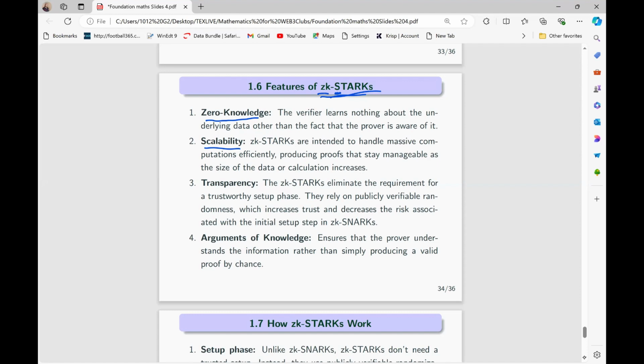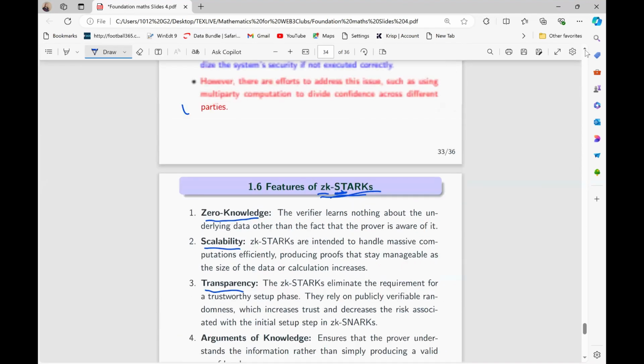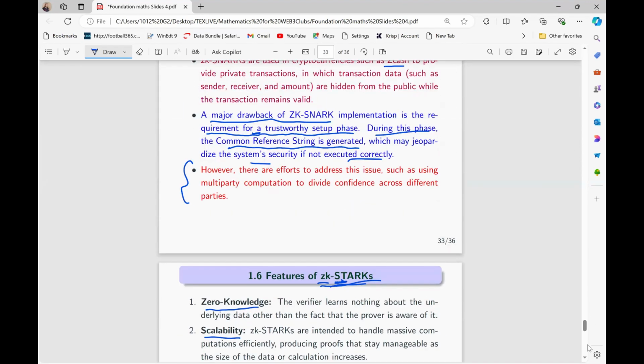Then there is this T that stands for transparency. I think I skipped somewhere. It's okay.